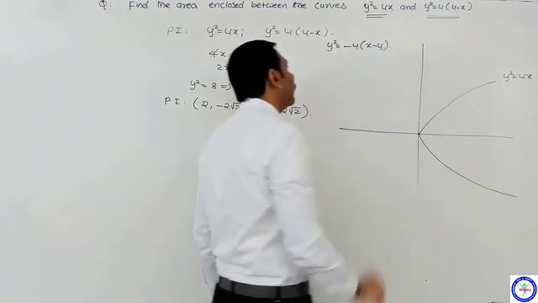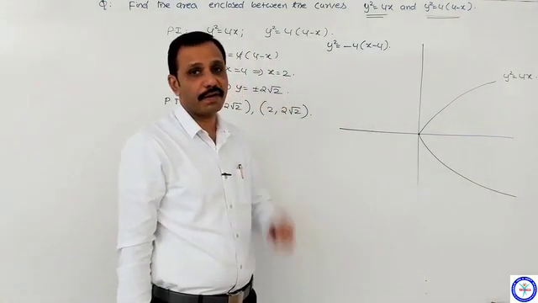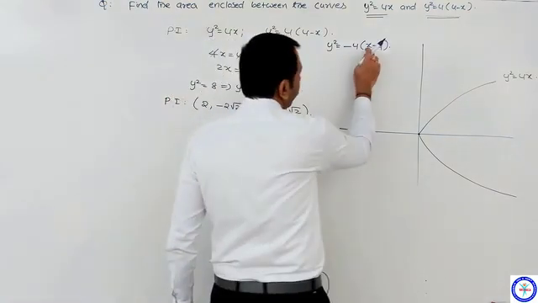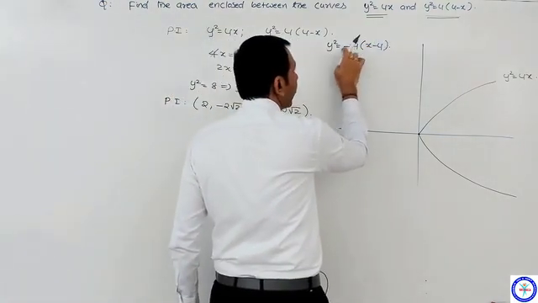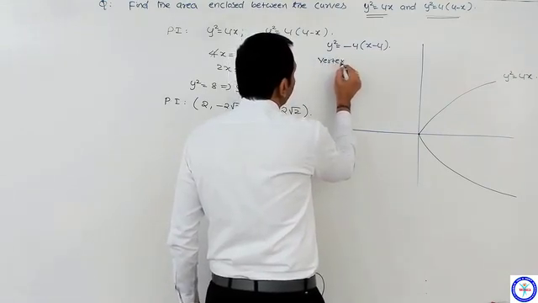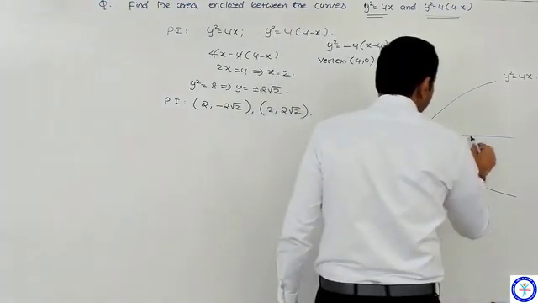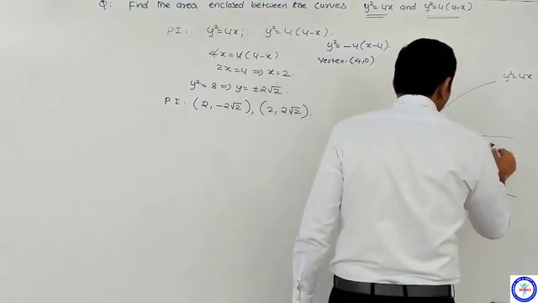Yes, I have to write in the form y square equal to 4a into x minus alpha. Coefficient of x must be positive, so I have taken minus common. What is the vertex of this parabola? Vertex of this parabola is 4, 0. Yes, let me take here it is somewhere 4, 0.